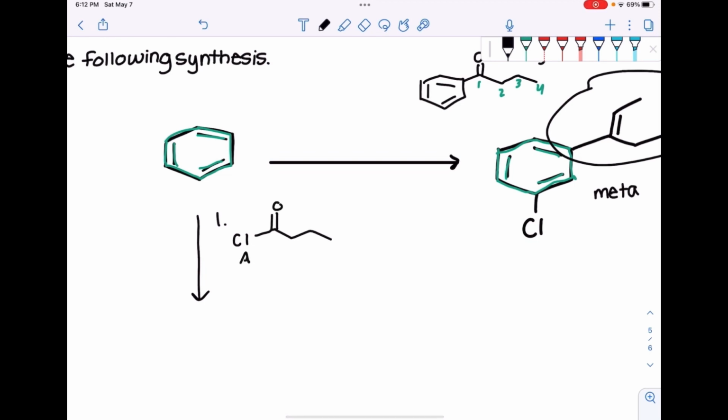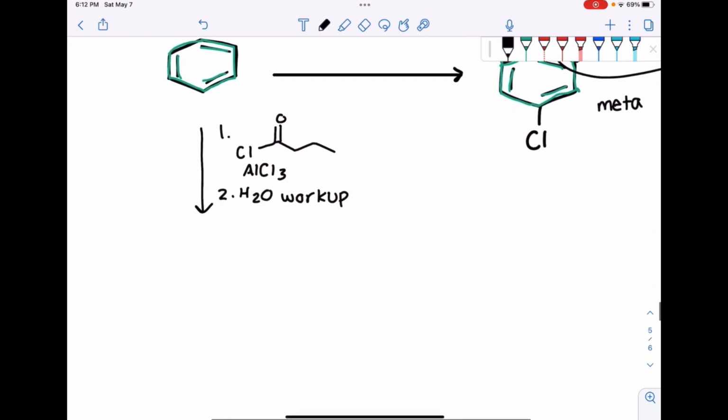And then we have AlCl3, and then we have an H2O workup. Do not forget the workup that is needed to remove the complex. So this allows us to add a ketone with the same number of carbons onto the benzene ring. There we go. And now we have the meta director needed to add the chlorine meta.